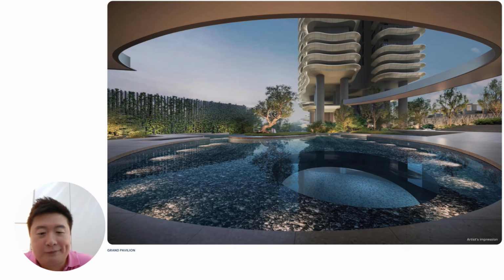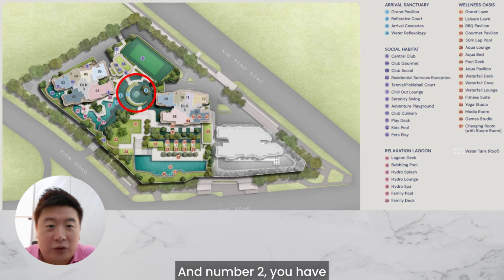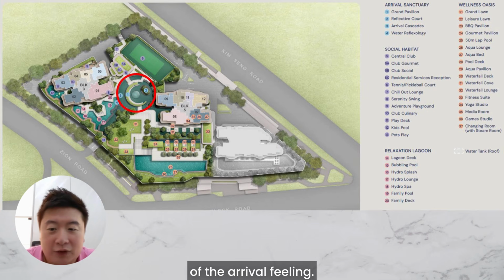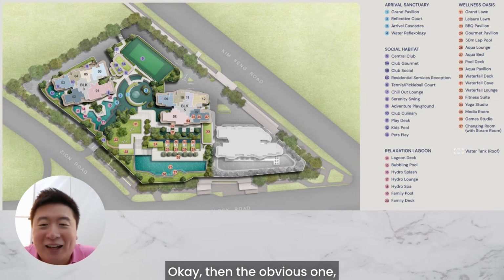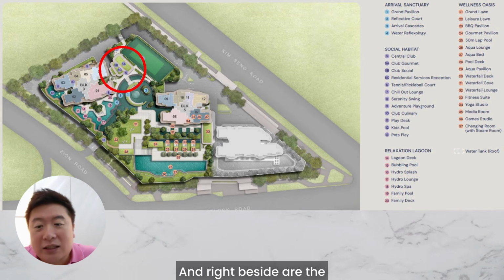Okay, let's move on. So this is the upper first. As you can see, the arrival entry that I just showed earlier is over here. The Grand Pavilion is number one, and number two, you have a reflective court. I mean, all of it is part of the arrival feeling. Okay, then the obvious one, the green field here, is the tennis slash pickleball court, and right beside it are the different clubhouses.